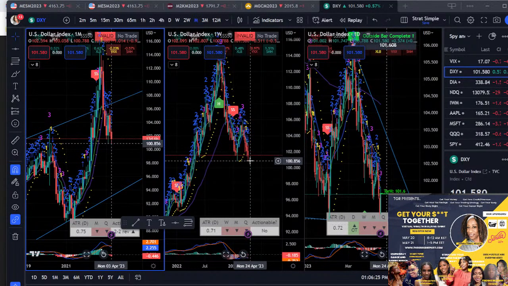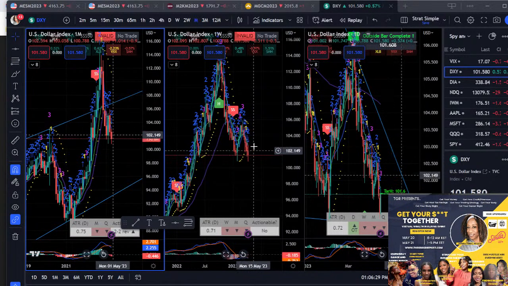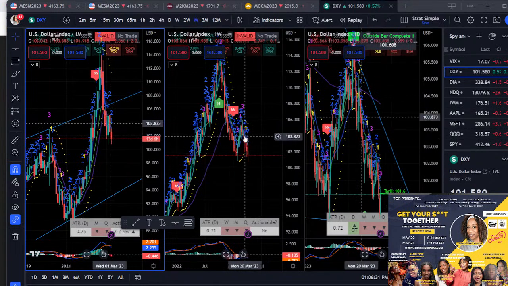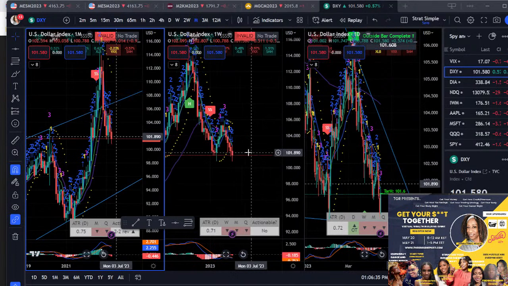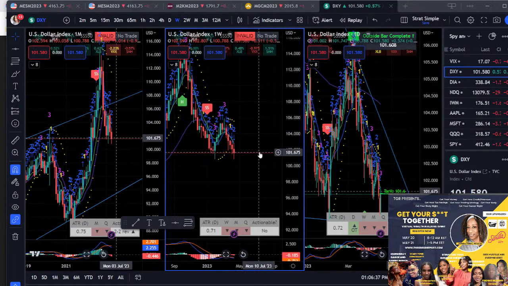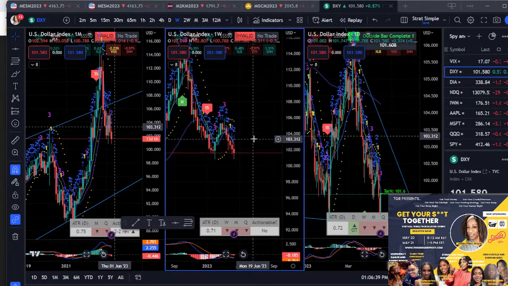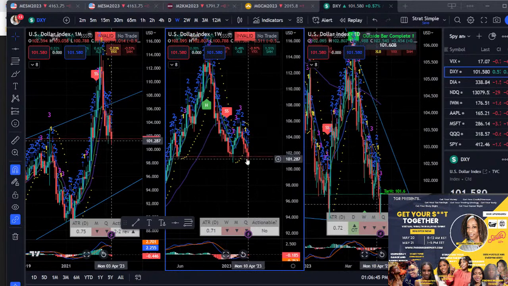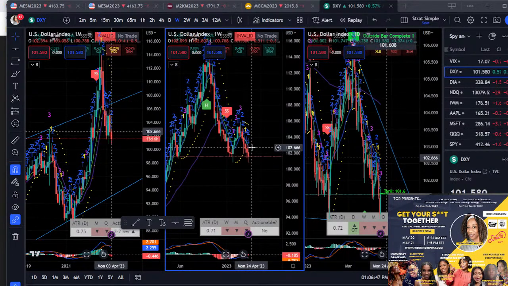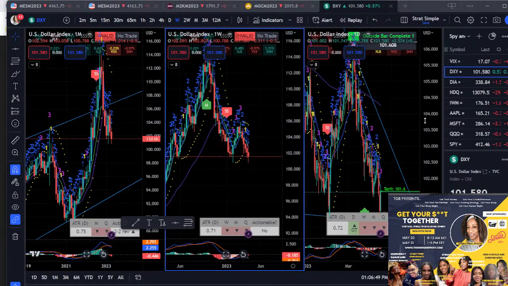But we do see also that it rejected right here, so it could certainly reverse from here, because it's had 1, 2, 3, 5 red weeks. Is this a PMG? Yeah, it's a possible PMG to the upside, you guys. So I'm not sure what would move the dollar like that, but if it did, that is possible.